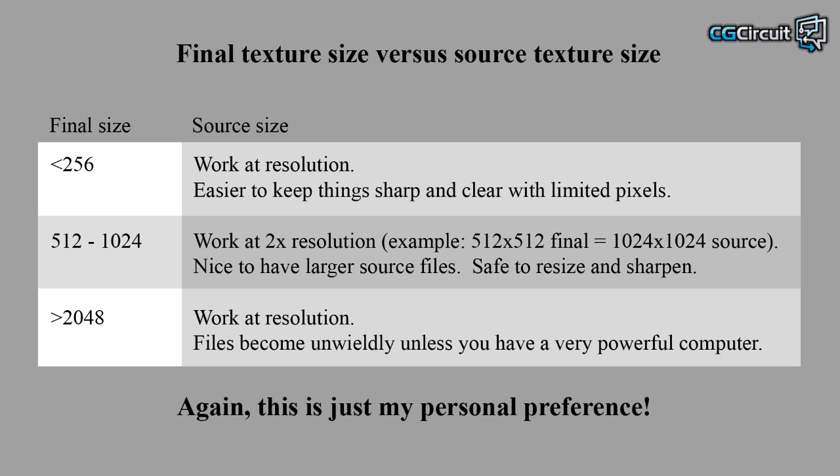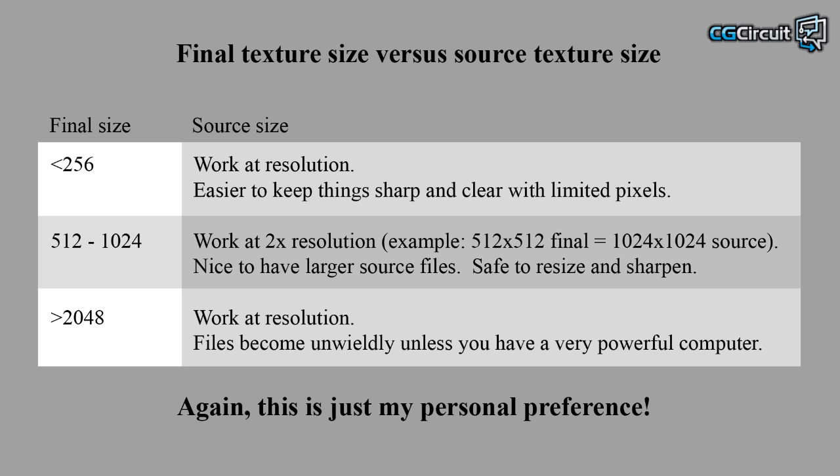At texture resolutions from 512 to 1K, I like to work at 2 times that resolution. It's usually safe to resize and sharpen the texture after you're done with it, and that produces a good enough result for me.